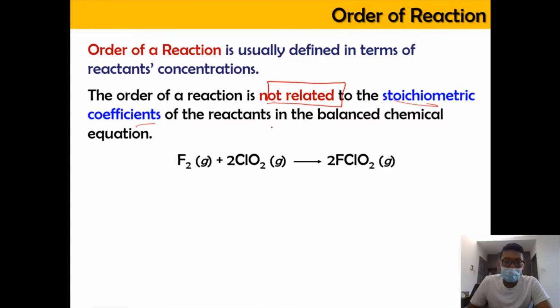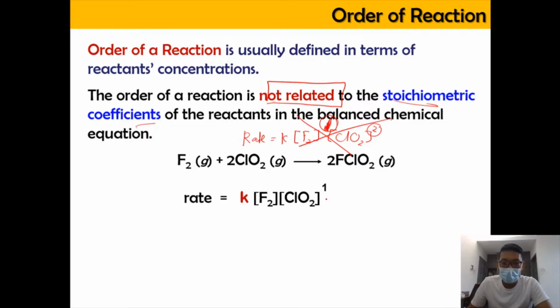Here, many of you will be tempted to write the rate law to be F2 to the power of 1 and ClO2 to the power of 2. However, this is not necessarily true because the order of the reaction is not related to the stoichiometric coefficient.